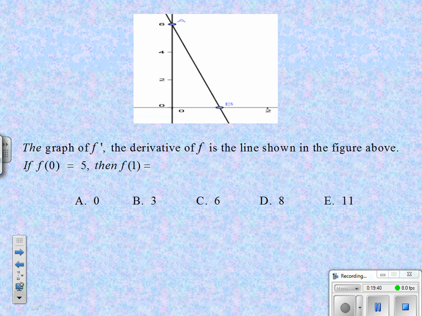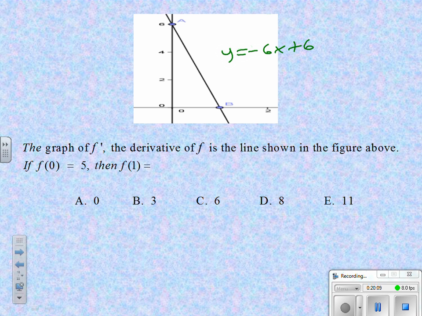Okay, now we've already done this problem once today, sort of. The graph of f prime, the derivative of f, is the line shown in the figure above. F of 0 is 5. Find f of 1. Now, this line is the line y equals negative 6x plus 6.